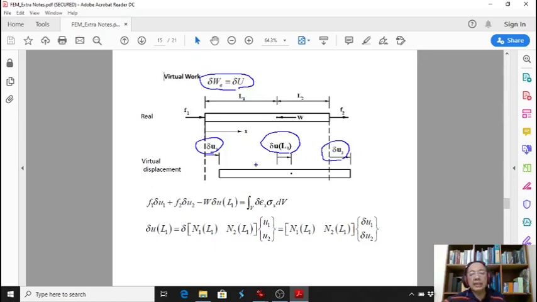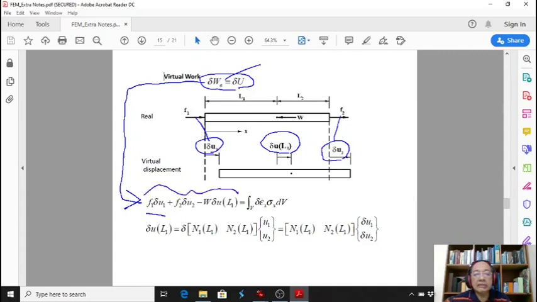Okay, so we apply virtual work external equal to virtual strain energy. F1 times virtual U1, plus F2 times virtual U2. This is the external virtual work.